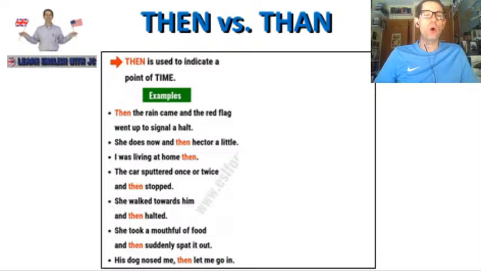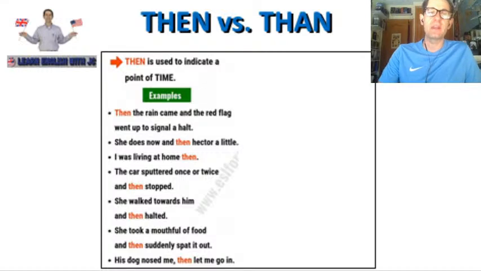Next one: She took a mouthful of food, her mouth was full of food, and then suddenly spit it up. Well, that one is not a very good example. And the last one is his dog nosed me, sniffed me, then let me go in. Okay, very good.